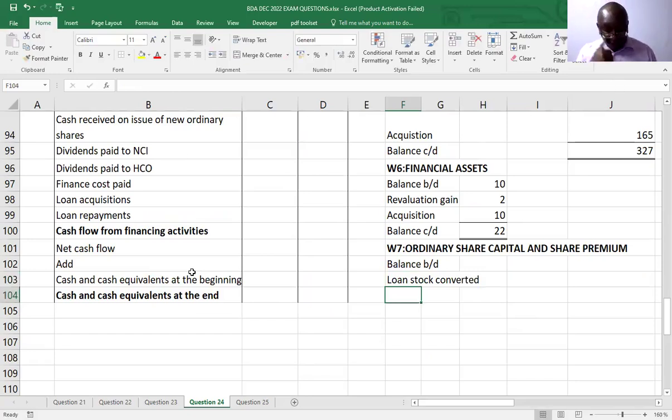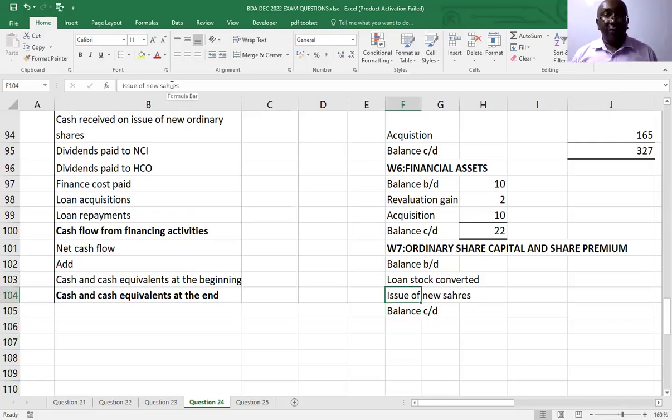Then we have issue of new shares. And then we have balance carried down. Yeah, so those are the three.